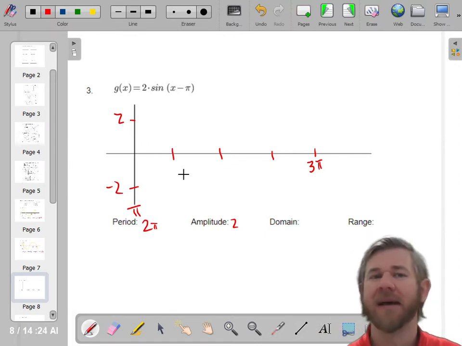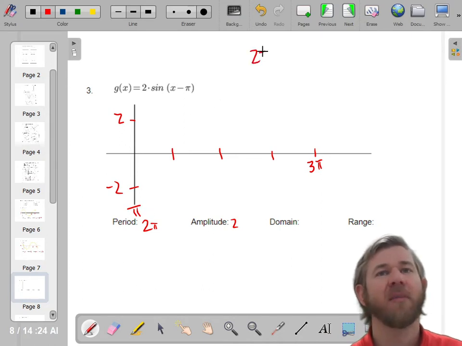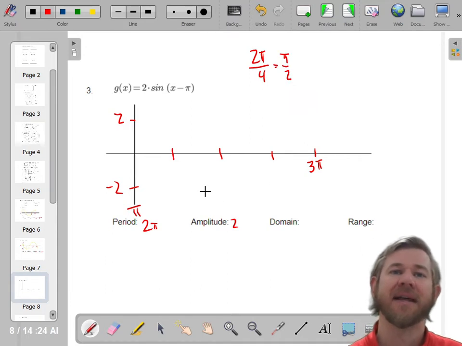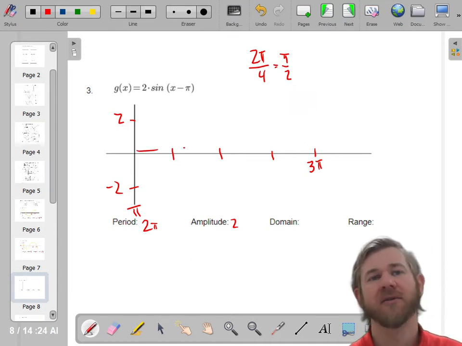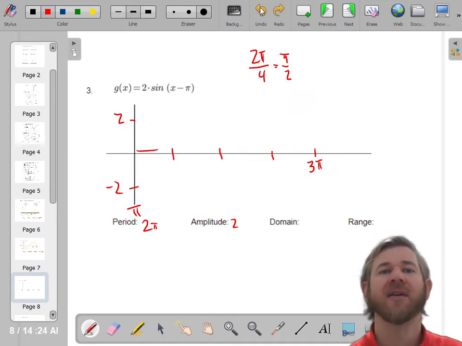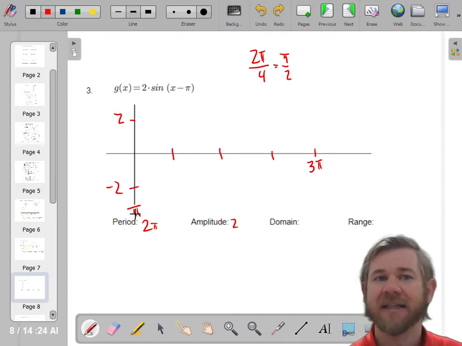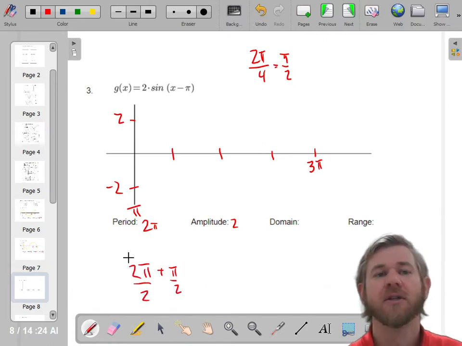But another way to think about this is if the period is 2 pi, let's take 1/4 of that and get pi over 2. And now realize that these intervals are all pi over 2, pi over 2, pi over 2, pi over 2. So we've got to think of what we're going to add. This is 2 pi over 2's. So if you want to think about it as getting a common denominator, 1 pi is 2 pi over 2's. 2 pi over 2's plus 1 more pi over 2 is 3 pi over 2's.